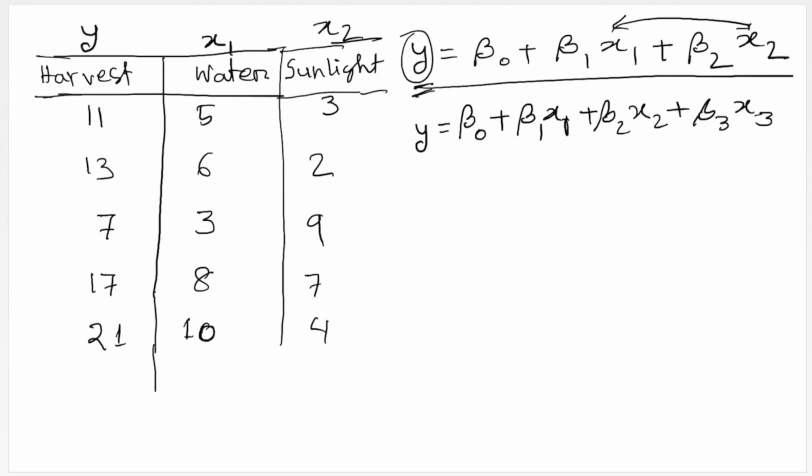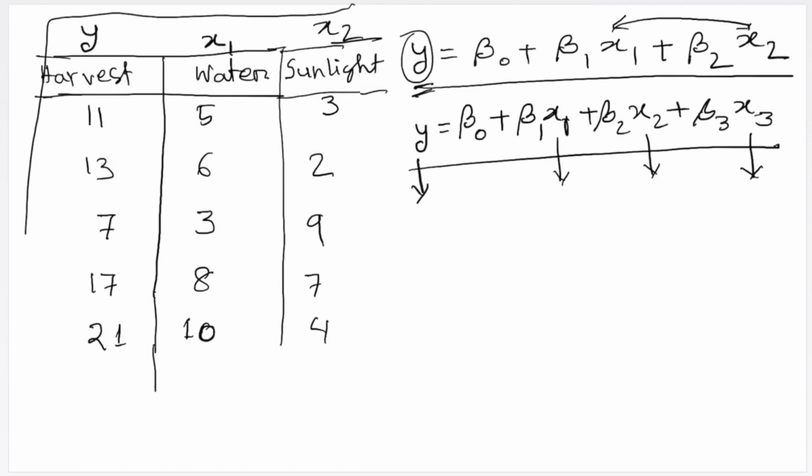Notice here that with this equation, our dataset would be four-dimensional data, where we have 1, 2, 3 independent variables, or 3 columns that represent the independent variables, and 1 column for our dependent variable.